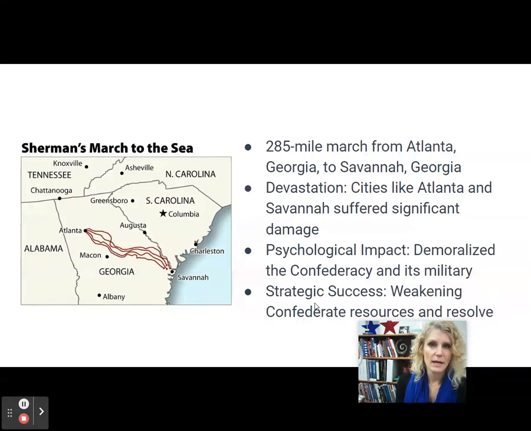It had a huge psychological effect on the people and on the military, but it also was very strategic and incredibly intelligent to focus in on this particular area. I will talk about the railroad system in just a second, but their goal was to destroy all sorts of transportation, communication, modes of being able to deliver goods and items at all.